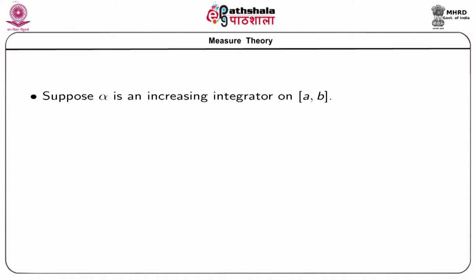Suppose that alpha is an increasing integrator on closed interval [a, b]. Then it is an easy observation that the three sums are related by the relation L(P, f, alpha) less or equal to S(P, f, alpha) less or equal to U(P, f, alpha).